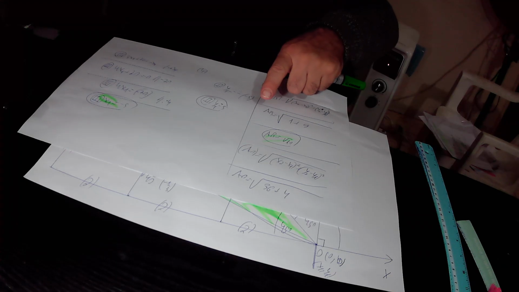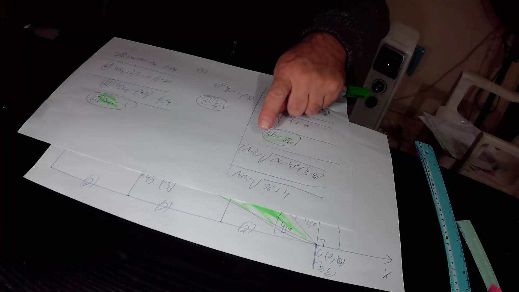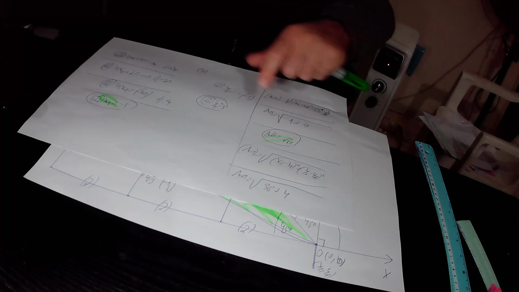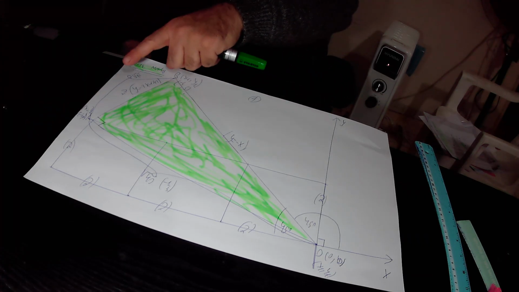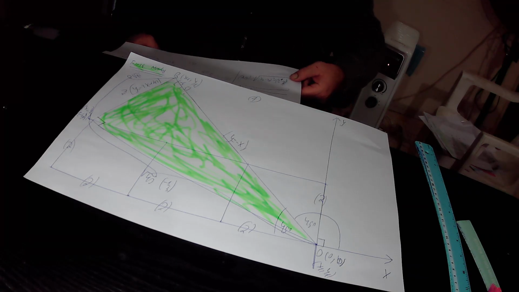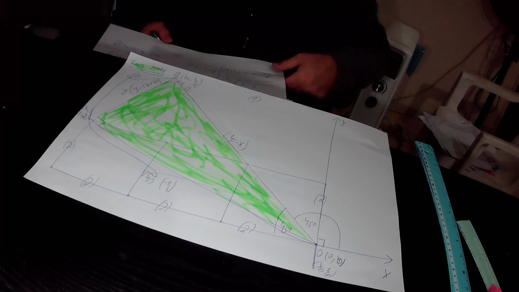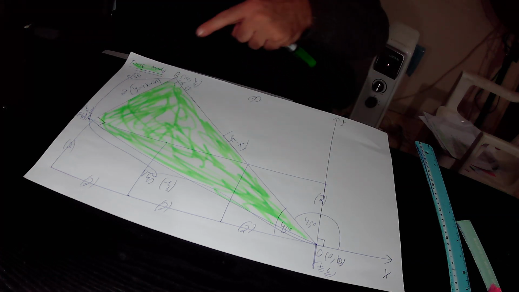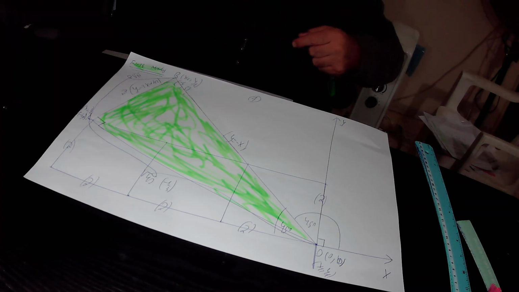So in total, inside the root we have 36 plus 4, that is 40. So the length of side AO is equal to the square root of 40 units. AO equals the square root of 40 units in length, and AB equals the square root of 10 units in length.